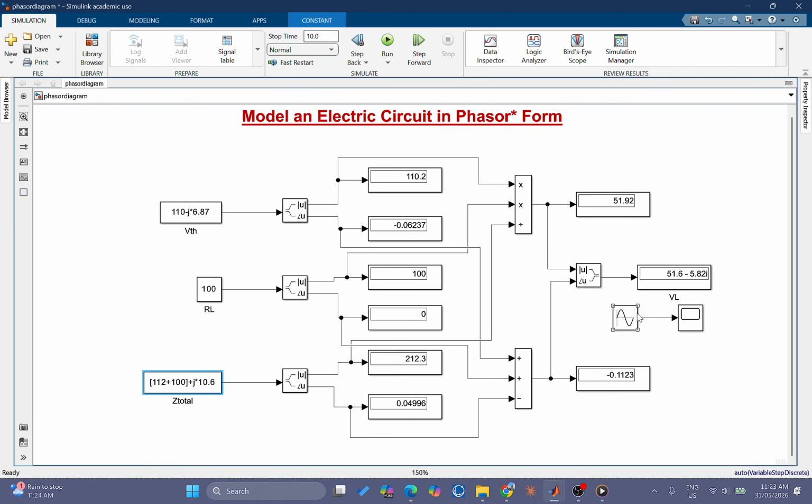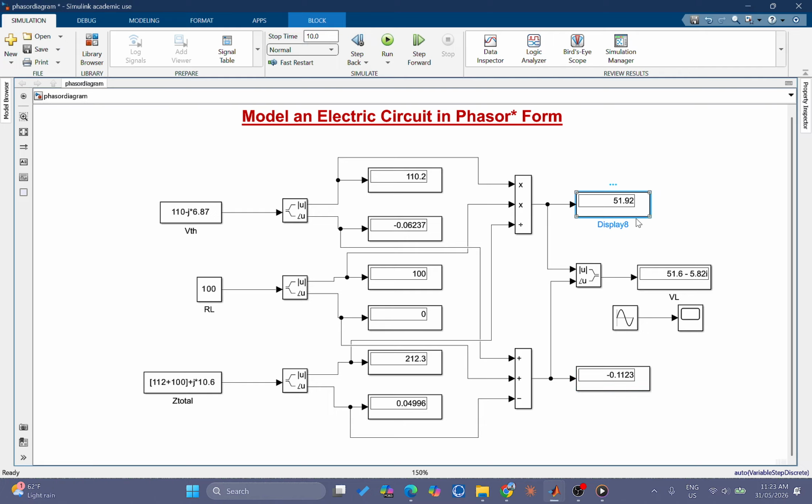That means we are finding VL. This is also the VL magnitude and the phase angle, and this is the rectangular form. By multiplying with Thevenin, then dividing, this is for the angle, and you get the phase angle.